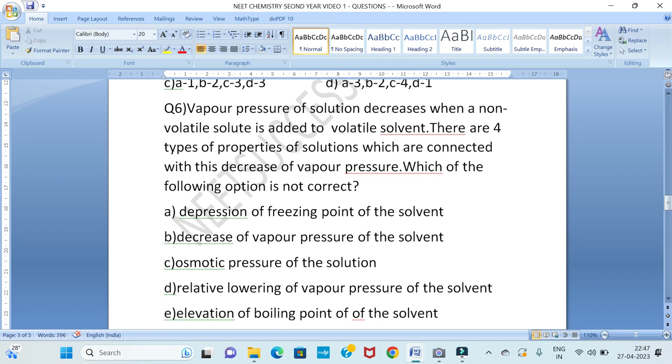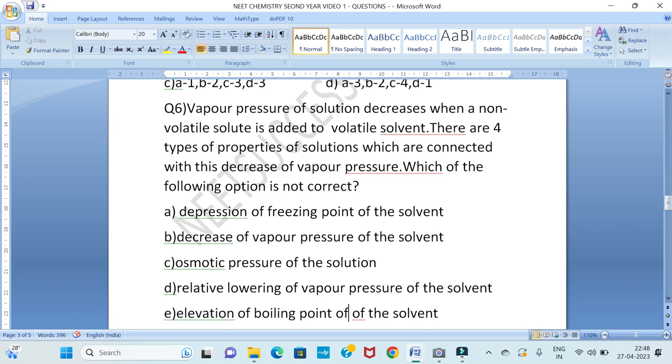A solute generally comes in many forms: gas, liquid, or solid.